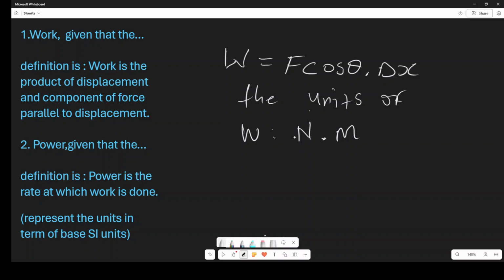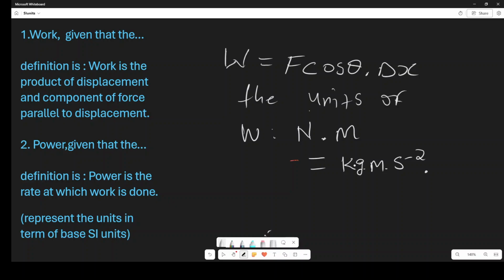Let's recall that 1 newton is 1 kilogram meters per square second.